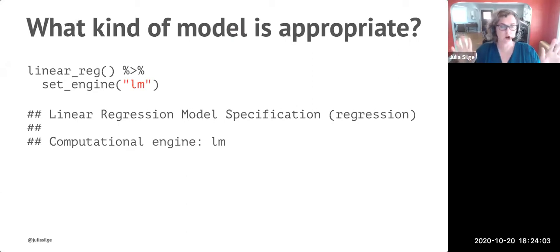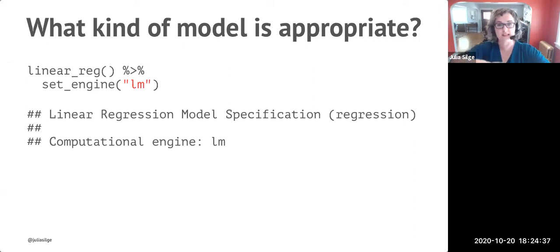So let's say we start with a very straightforward data set and a very straightforward model, something like linear regression using ordinary least squares. In tidy models, we have a goal. One of the motivating goals behind tidy models is to harmonize the heterogeneous interfaces that exist in what we might call the wild west of R's modeling ecosystem.